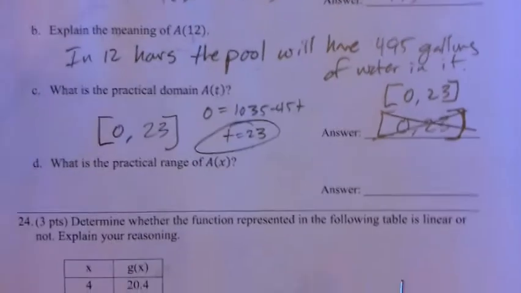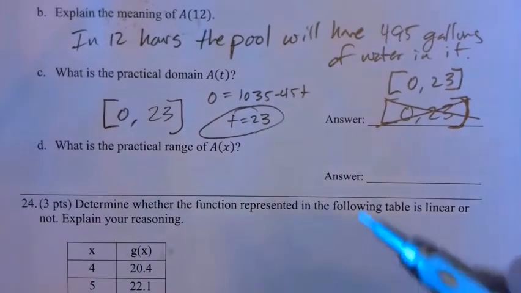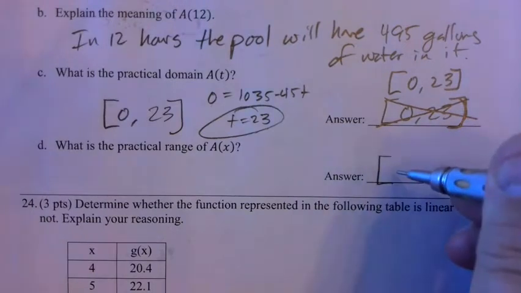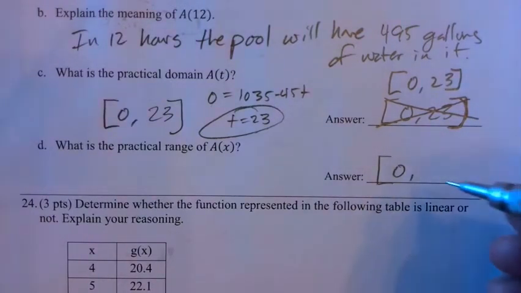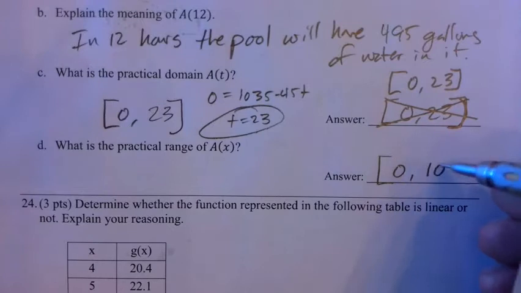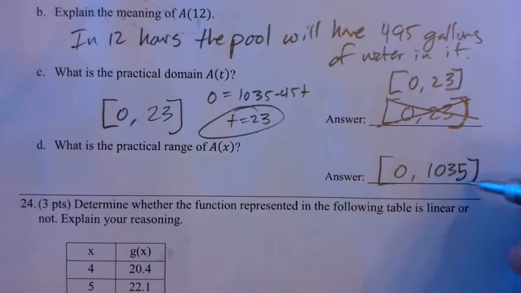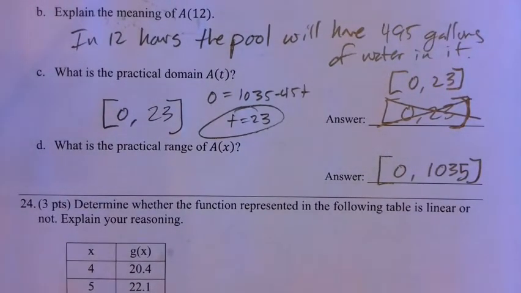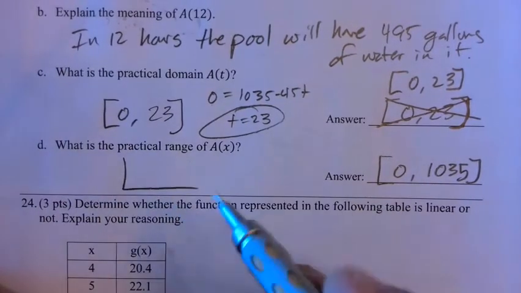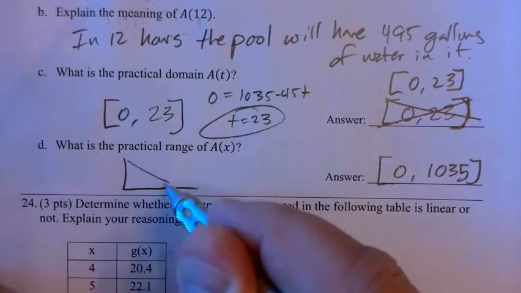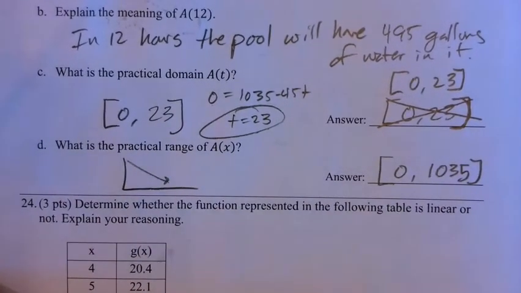Okay? So what's the practical range? That goes right into here. The practical range, the smallest amount of water the pool can have left in it is 0. And the biggest is 1035. Now, here's a classic mistake on here. Since this is a decreasing function, it's going to be looking like that, right? And so we often think its starting amount is 1035, 0.